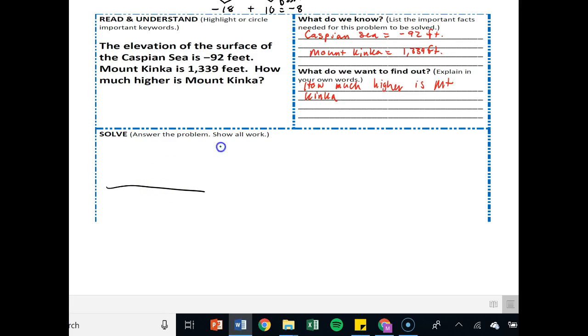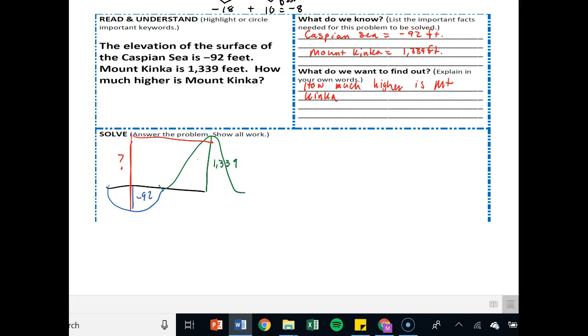Green could represent our Mount Kinka, and blue here could represent the Caspian Sea. We know the Caspian Sea, this distance, is negative 92 feet, and this distance right here is 1,339 feet. So basically what you're trying to figure out is this entire distance from here to here, right? How much is that? That's what you're trying to figure out.